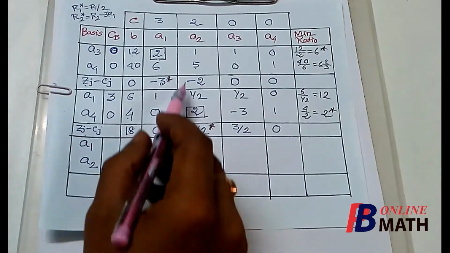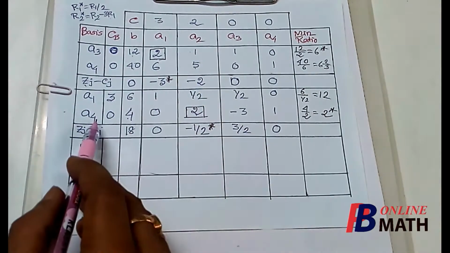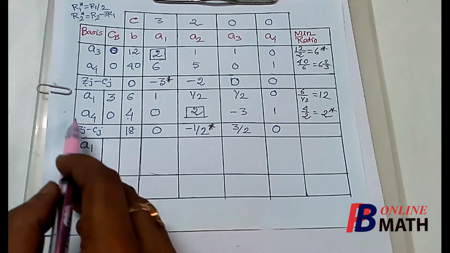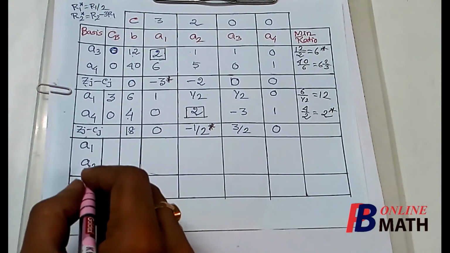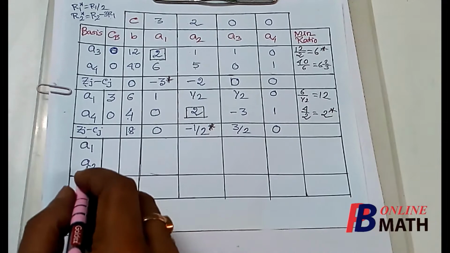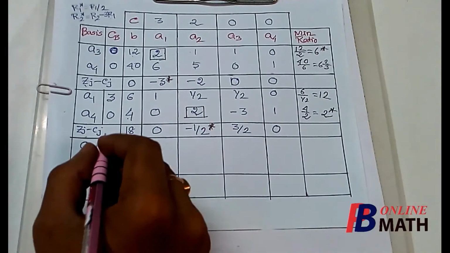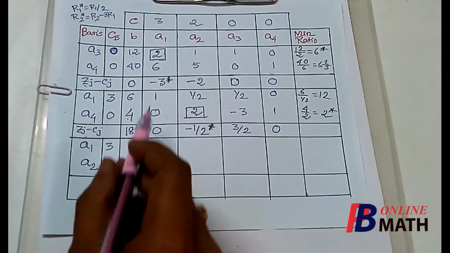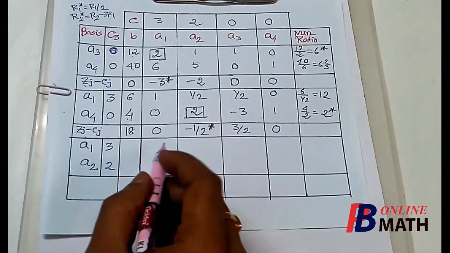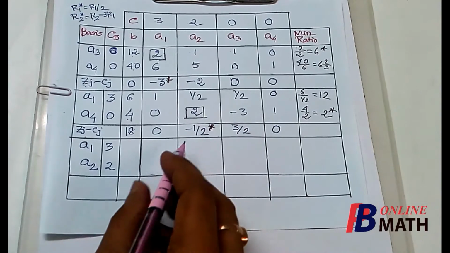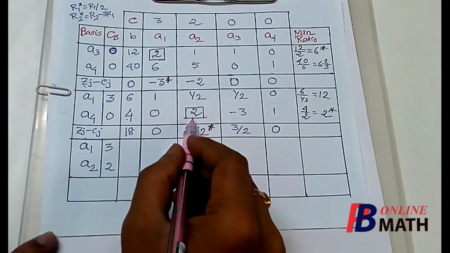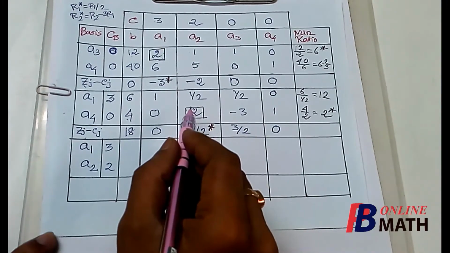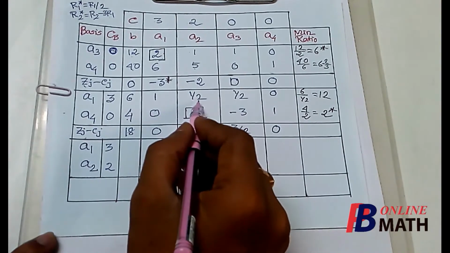Now we have found that the vector a2 will enter the basis and the vector a4 will leave the basis. So these two are next basic vectors. Now corresponding cost values are 3 and 2, corresponding to the vectors a1 and a2. Next again we have to compute the row operations. Now this value will be made 1, and using this value will be made 0.